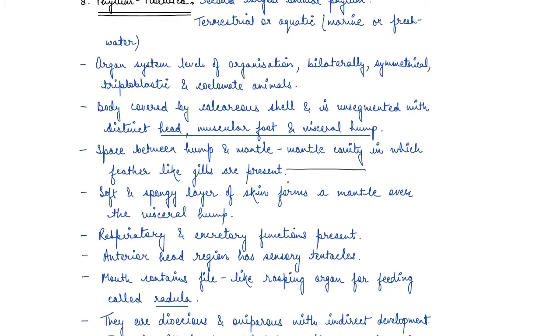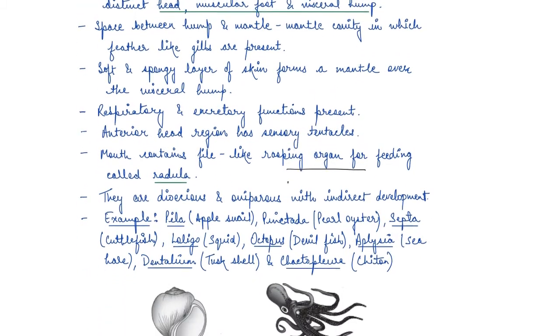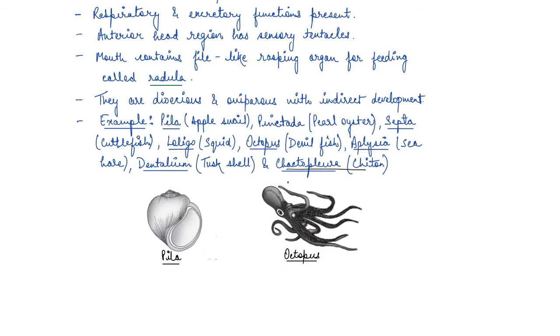Okay, so when it comes to respiratory and excretory functions, both the functions are present as they have gills for respiration. And then the anterior head region has what? It has sensory tentacles. Okay, now the mouth contains a file-like rasping organ for feeding, which is known as radula.